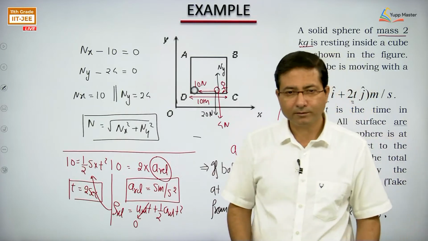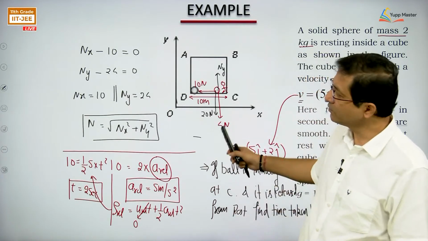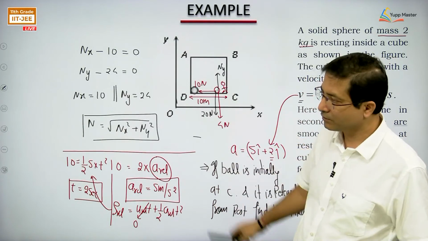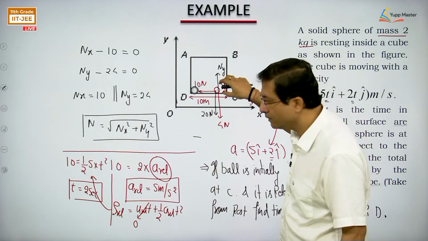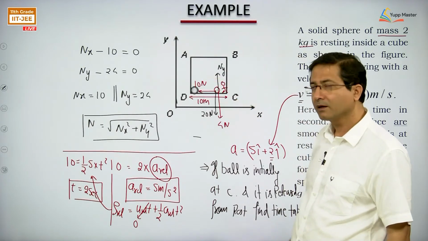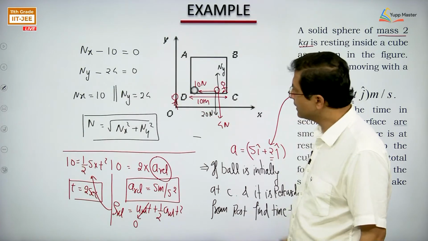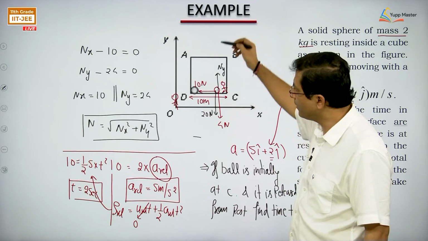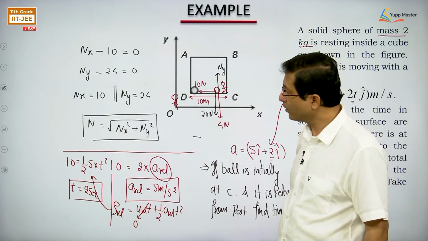So simple problem, we could have observed the motion with respect to the ground or with respect to the lift. For the second part, if you observe the motion with respect to the lift, it will be very simple. You will observe that the motion is something like this. But when you observe from the ground frame, you will see the ball is going up and the ball is also moving this way, right?